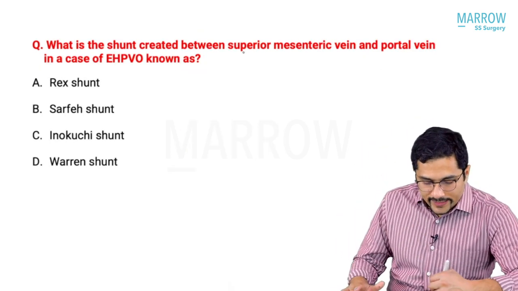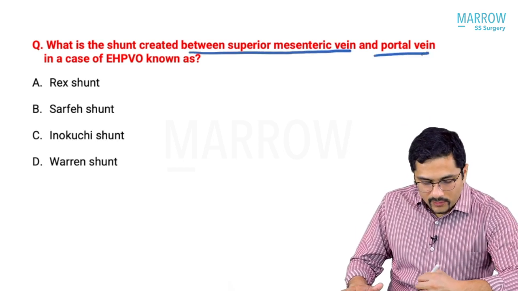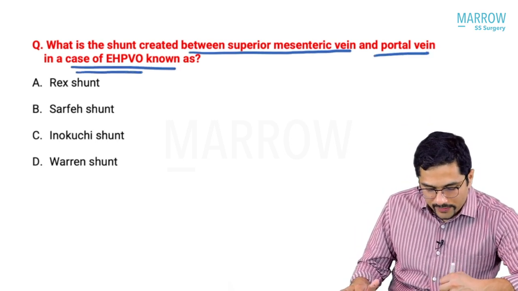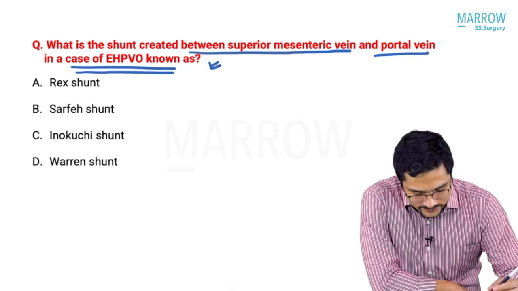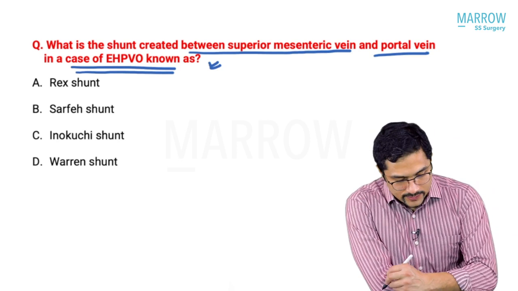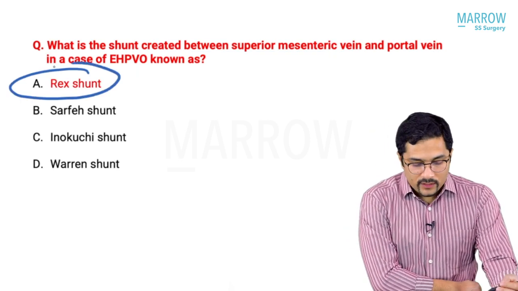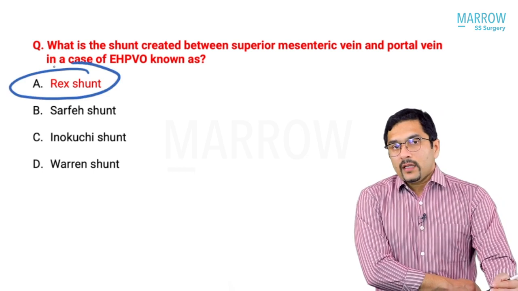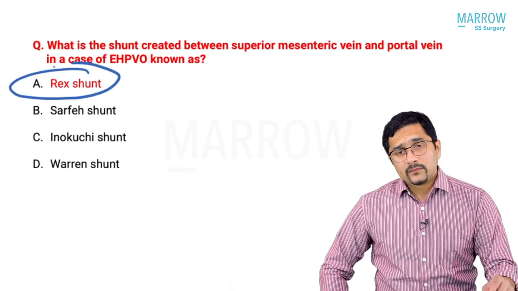What is the shunt created between the superior mesenteric vein and the portal vein in case of extrahepatic portal venous obstruction known as? So, this shunt is known as the Rex shunt, which is created between the superior mesenteric vein and the portal vein in patients with extrahepatic portal venous obstruction.